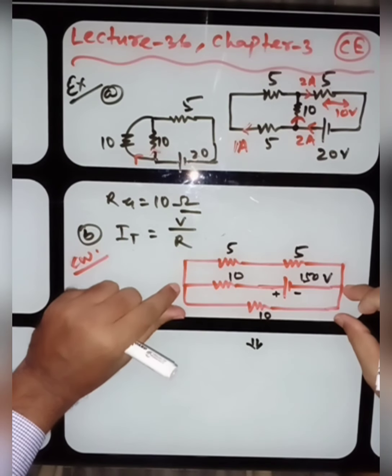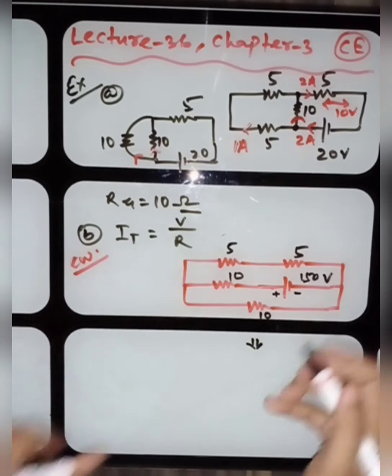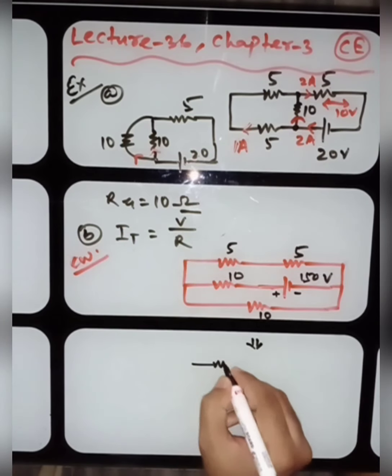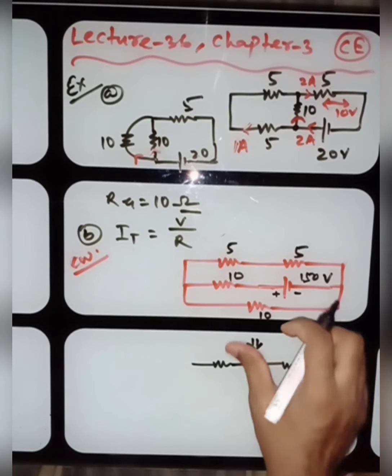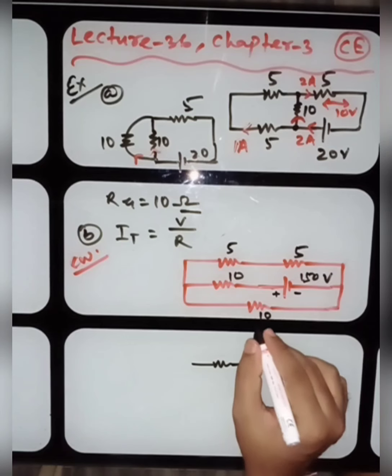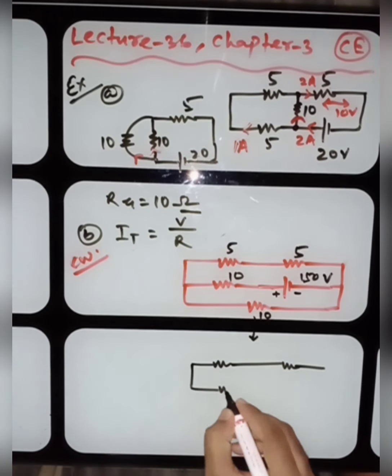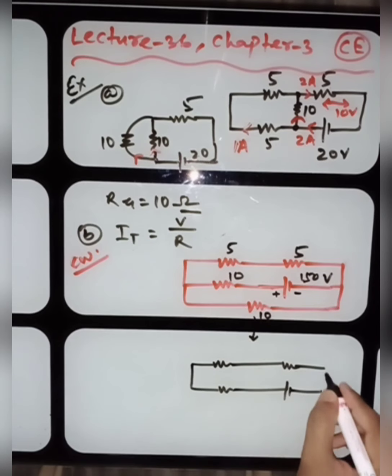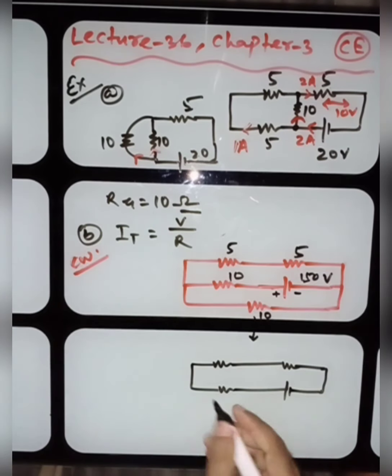This is a flexible wire, so hold this resistor and keep it up in this way. The two resistors are connected. And here, one and the battery, and this one can be pulled up.